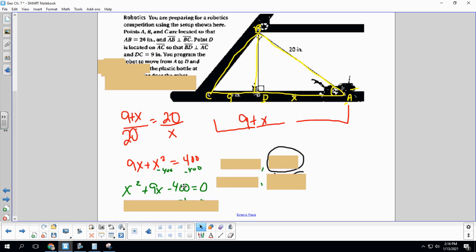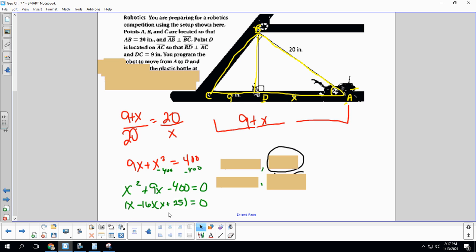So which two numbers multiply to give you negative 400 and add to give you 9? It took me a minute to noodle this, but it is 25 and 16. So it's minus 16 plus 25. When you add those together, you'll get 9, and when you multiply them, you get negative 400.